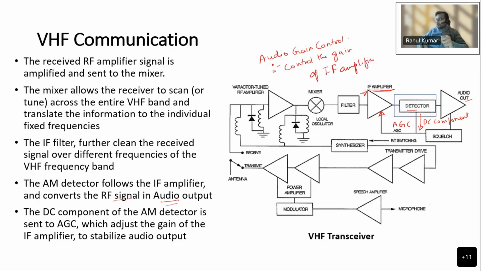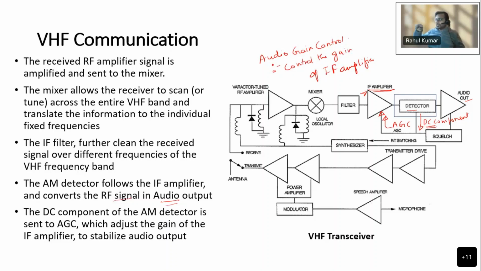Okay, so some of the DC component is sent to the AGC, and AGC controls the gain of the IF amplifier. It is something similar to your volume knob.